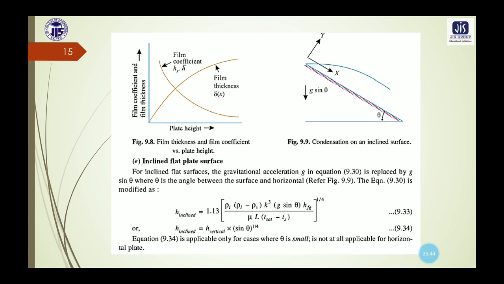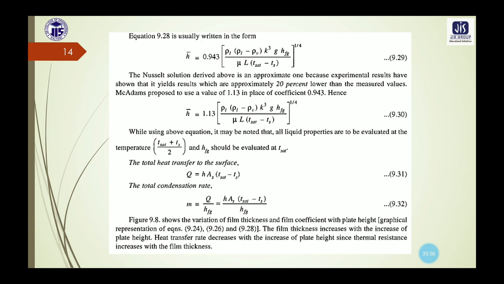Now here you can see the graphical representation of the film thickness and film coefficient versus the plate height, and on the right hand side you can see condensation on an inclined surface. Figure 9.8 shows the variation of film thickness and film coefficient with plate height.